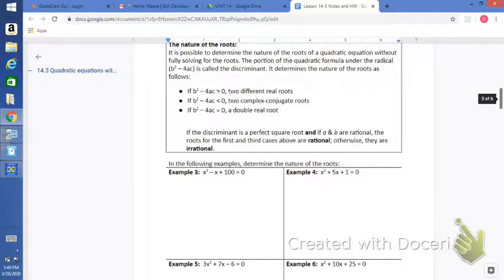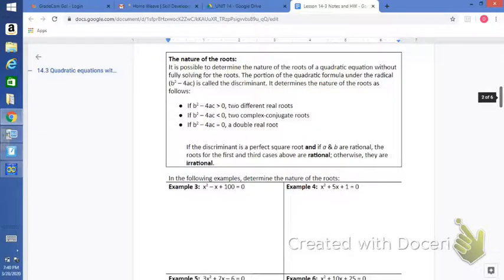The last couple examples focus on determining the nature of the roots. It is possible to determine the nature of the roots of a quadratic equation without fully solving for the roots. The portion of the quadratic formula under the radical, which is the b squared minus 4ac, is called the discriminant. It determines the nature of the roots as follows.